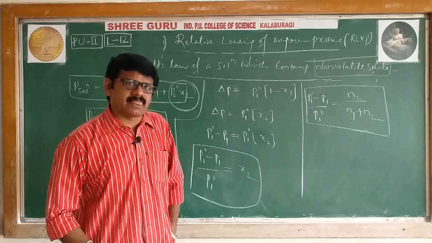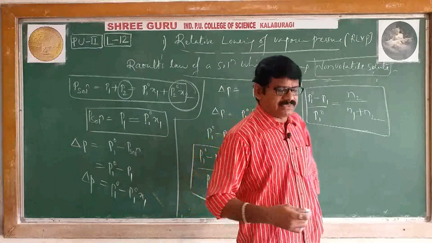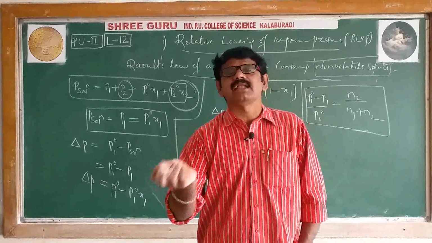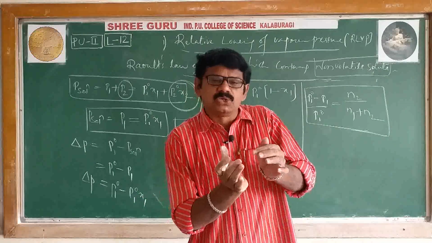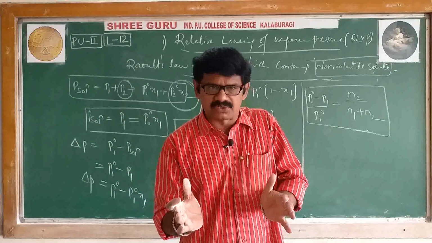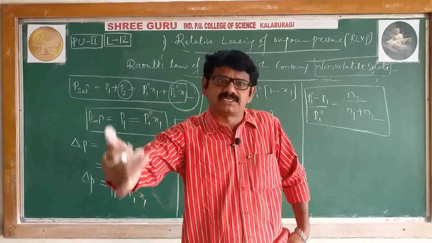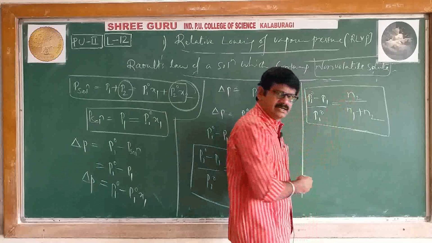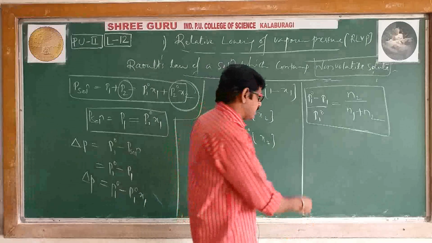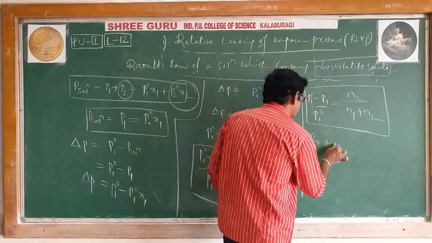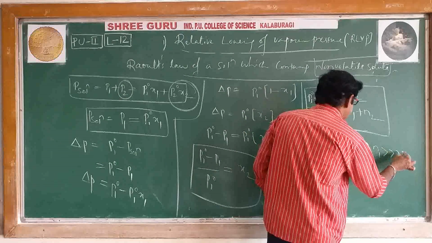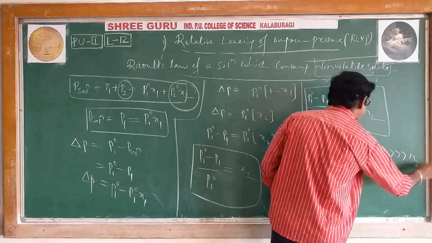Now again I am extending. For very dilute solutions, remember, if you observe the solute as well as solvent quantities, the solute quantity is negligible. Solute is very minute compared with the solvent. Here N2 is solute moles, N1 is solvent moles. For dilute solutions, the N1 value is much greater than N2.